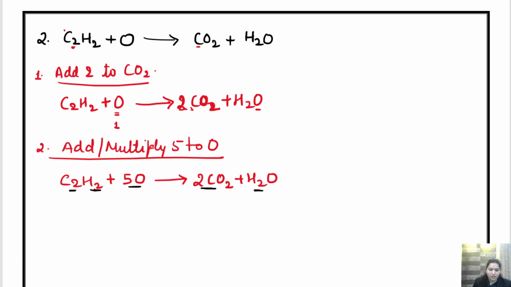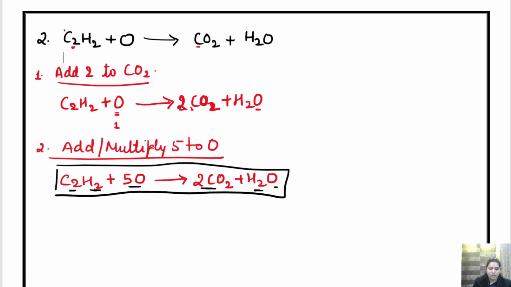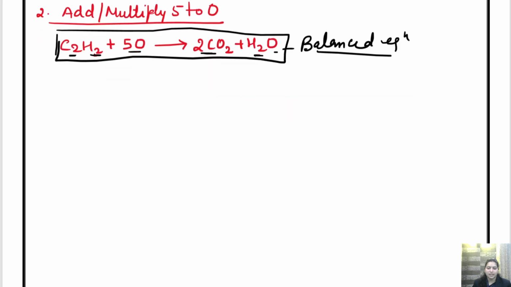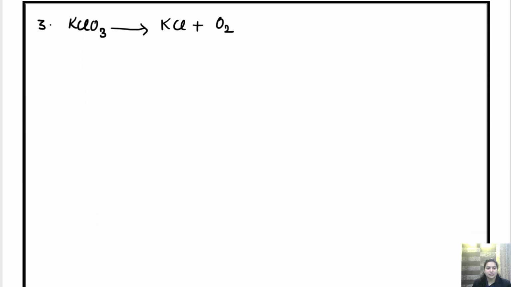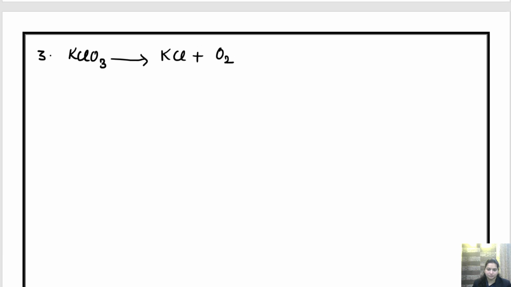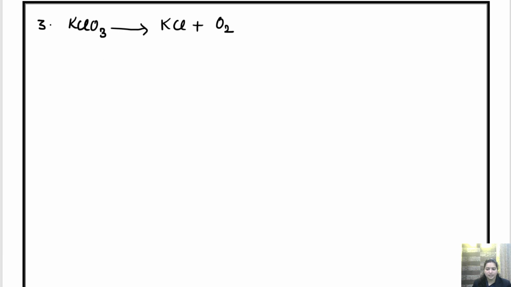We have 5 oxygen and 2 into 2, 4 and 1, 5 oxygen here. So yes, it is a balanced equation. Getting it? So by this way we do hit and trial method, and by this way we balance the chemical equation.